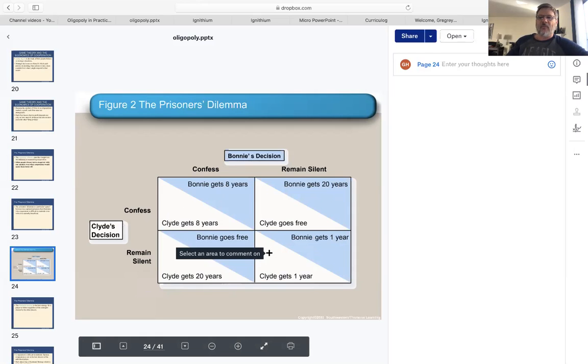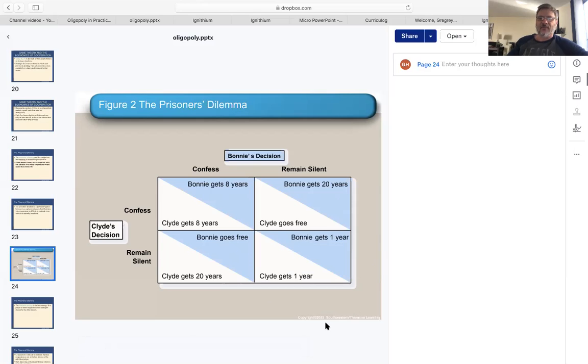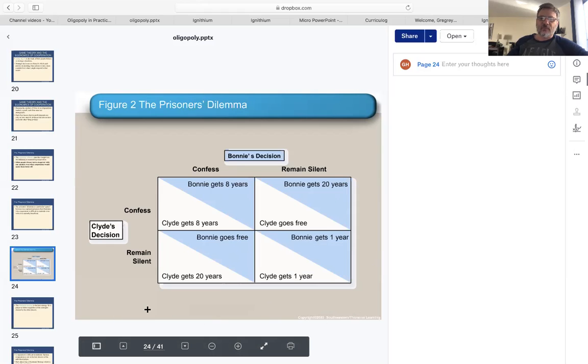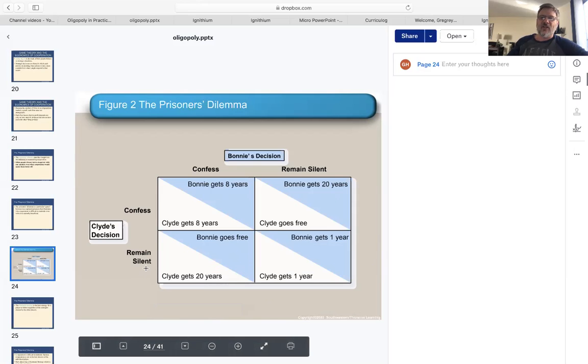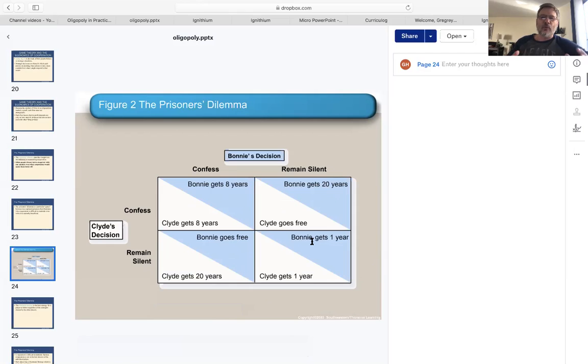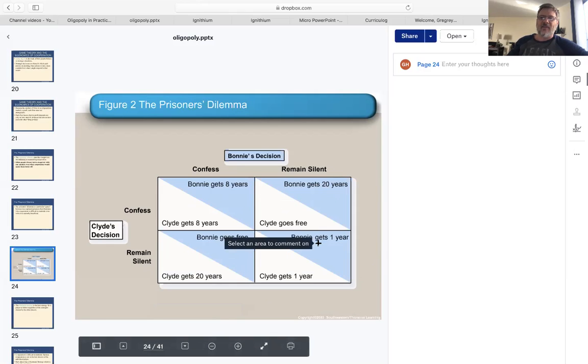Now, the thing that also comes into play here is the notion of cooperation, or a cooperative strategy. And so here, what we would say is it's a prisoner's dilemma, because notice that if they both remain silent, then for them as a group, the best outcome occurs, which is they each get 1 year in prison.